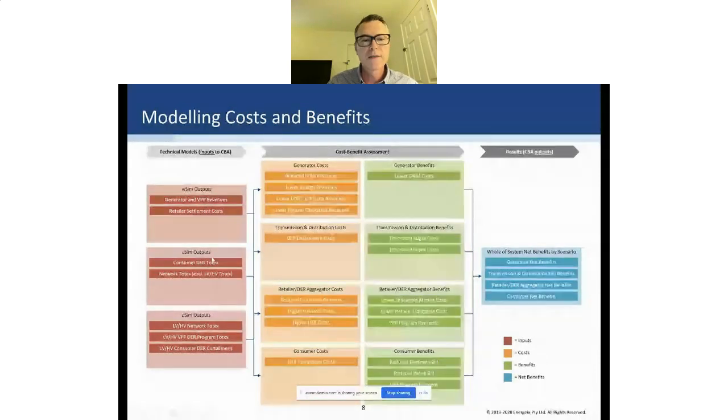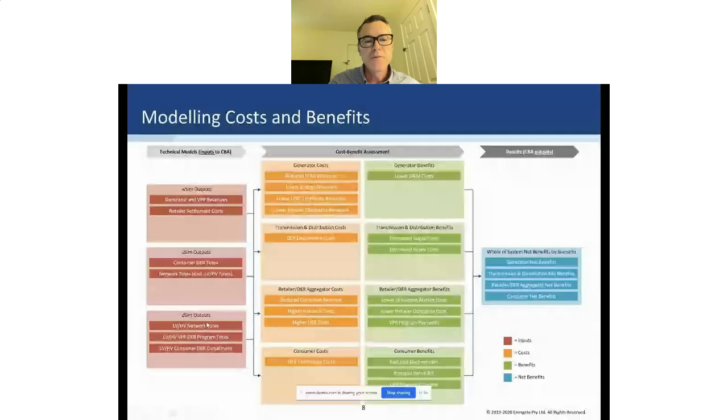USIM, which is short for Utility Simulator, really covers customer behavior behind the meter and throughout the distribution network, all the way up to the bulk supply point. So these two systems work together to give us a whole of system modeling capability.